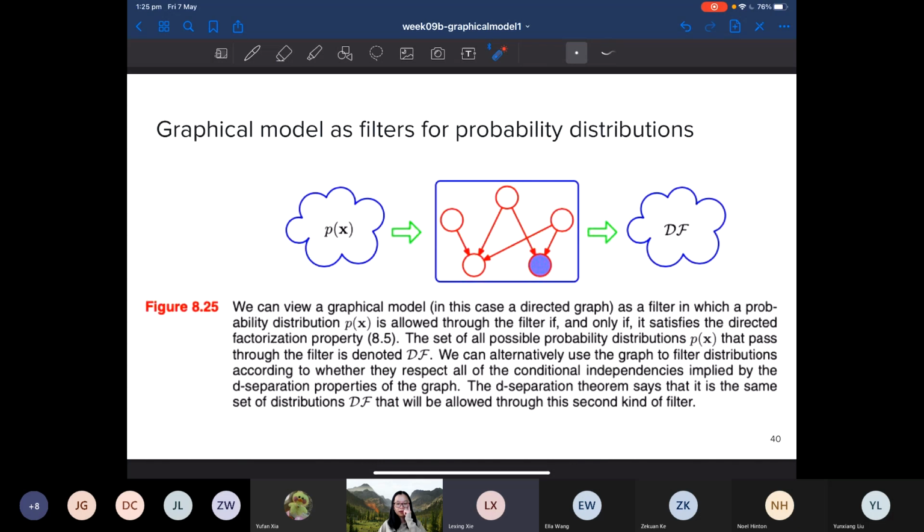To answer Noel's question, the more important part of the answer is in next time. Basically, we can look at directed graphical models as a sort of filter on the factorization. The DF represents, for me, the factorization of the joint, and the graph is the conditional independence.